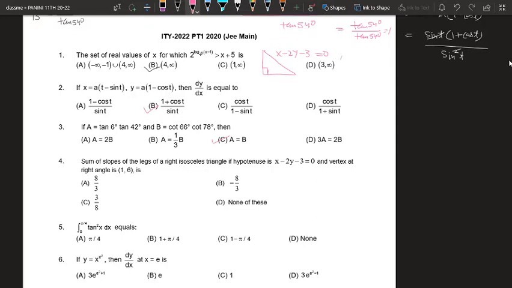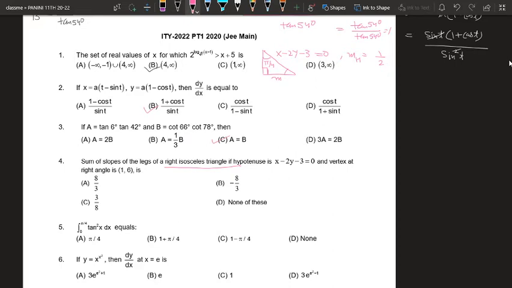It means the slope of the hypotenuse is 1 by 2. Now these two angles are 45, a right isosceles triangle. So say the slope of the legs is m.